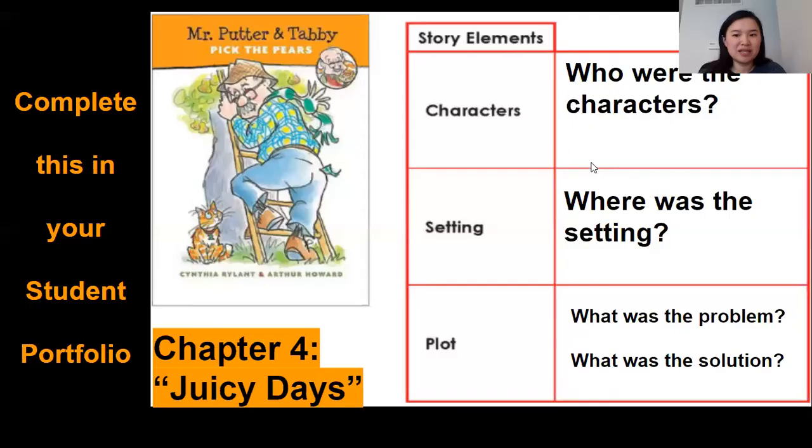And just like she did with the apples, she made all the apple treats for Mr. Putter and the cat Tabby. So he's hoping that if he waits and does the same thing with the pears, she'll make some pear goodies for him too. All right, boys and girls, you did an amazing job. So what we're gonna do now is the chart here.